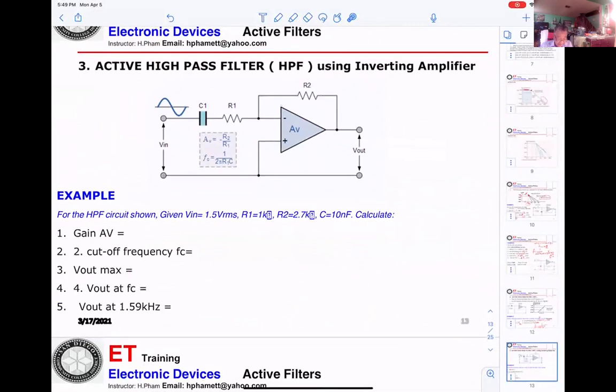In the high pass example, they're using an inverting amplifier. So I'll just quickly make sure you can get the AV. What does AV equal?